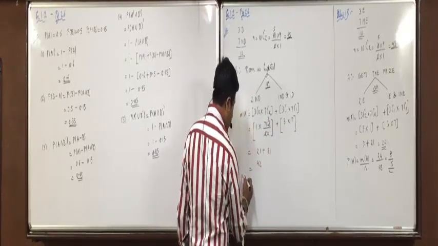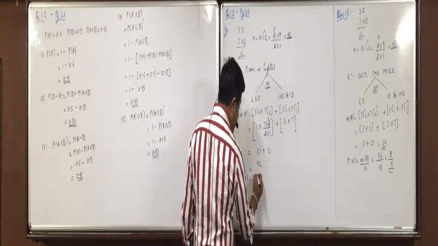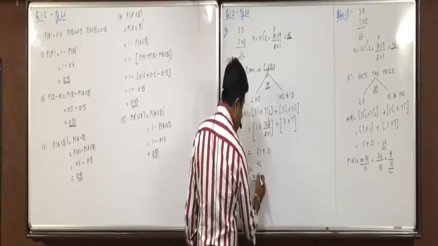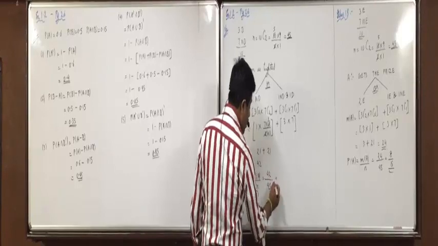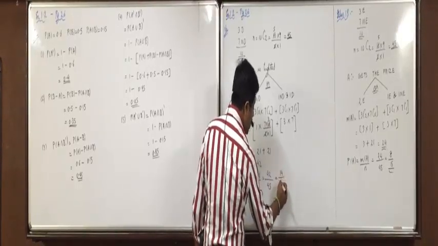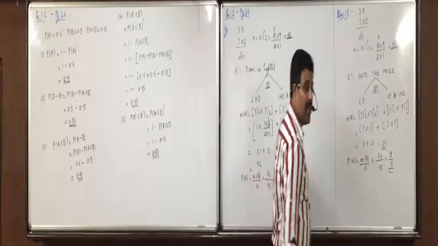And P of A is m(A) upon n, 42 upon 45. Now 3 into 14 and 3 into 15, so 14 by 15.